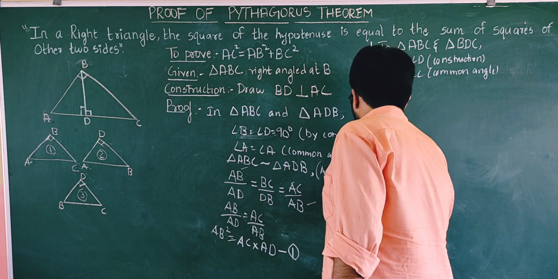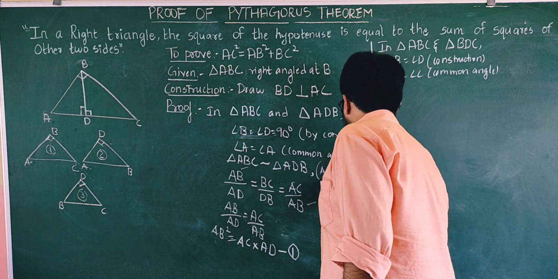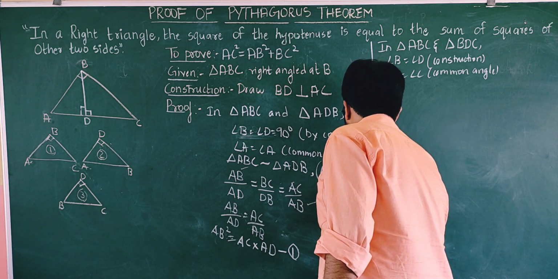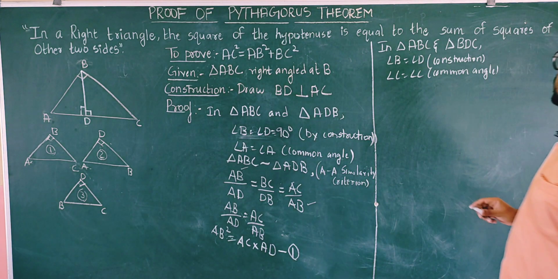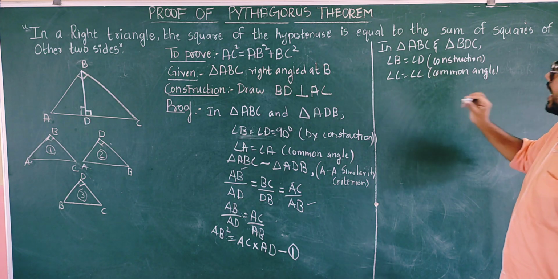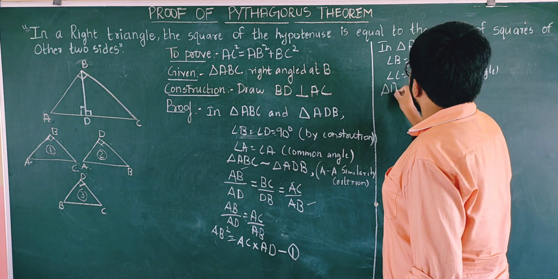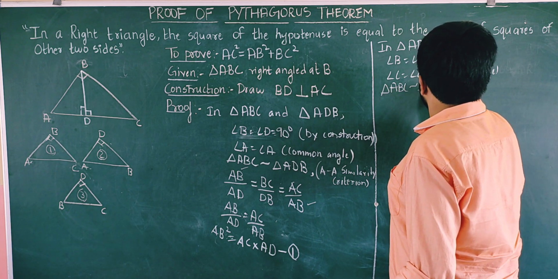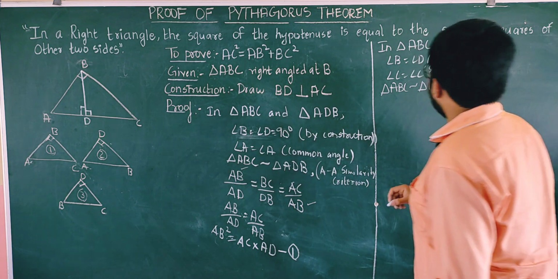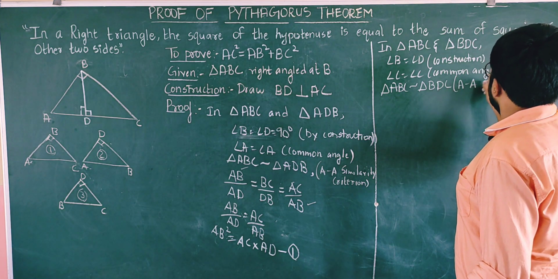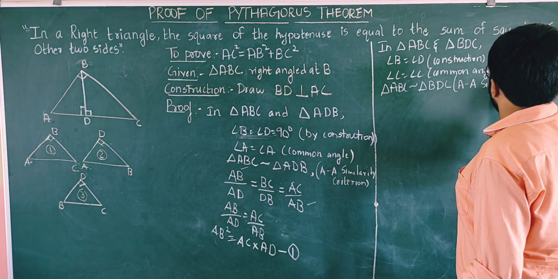You have to write that. Now two angles are the same, so I can directly write triangle ABC is similar to triangle BDC. Why is it similar? Write angle similarity criterion.